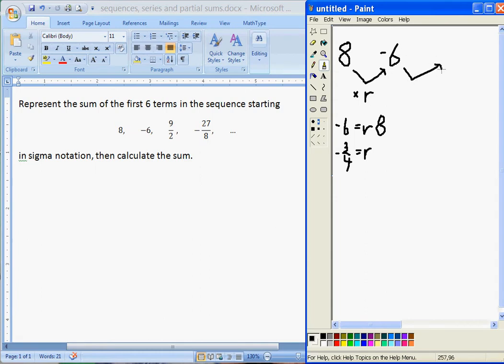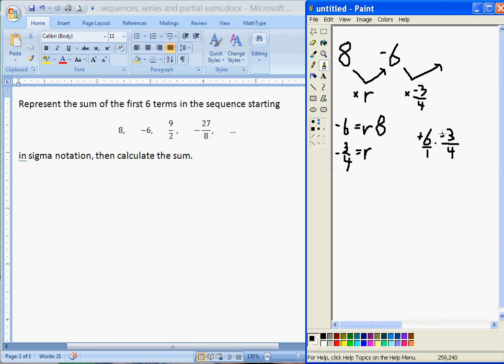Does that pattern continue? Let's multiply negative 6 times negative 3/4. We'll do a little scratch work down below. Negative 6 times negative 3/4. Well, I'm going to think of these as fractions, so I'll write this as 6 over 1.